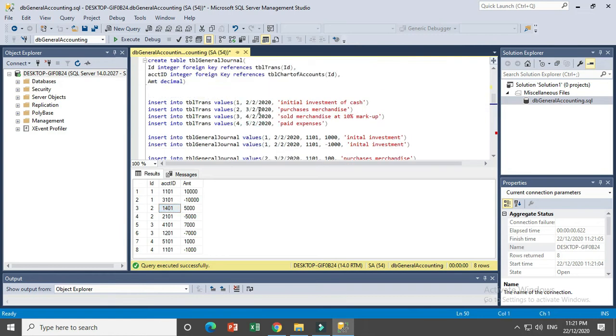If we look again at the transaction, the first is purchases of merchandise, the second transaction is sales, and the third is payment of expenses.